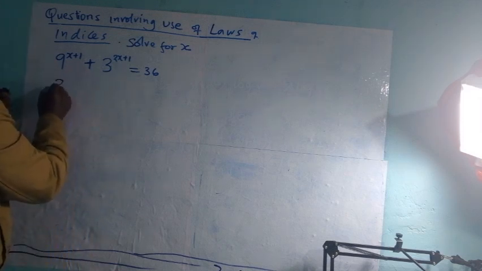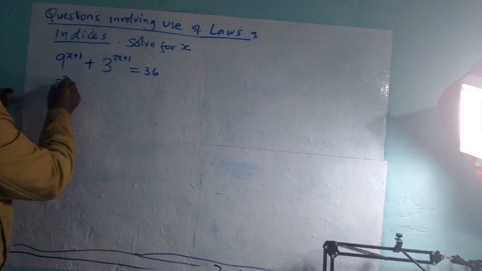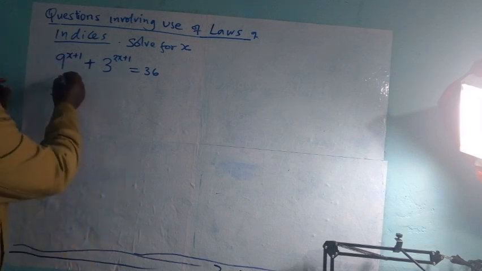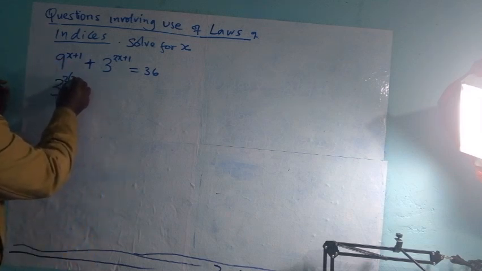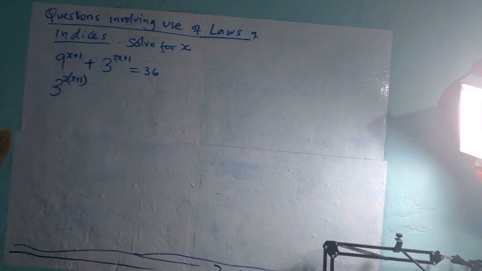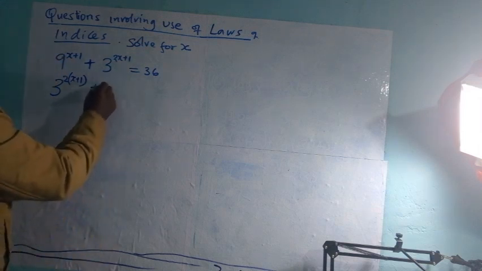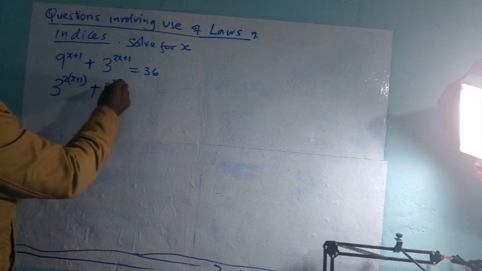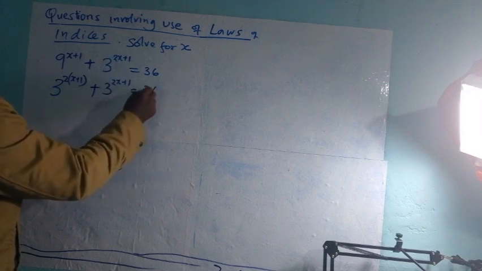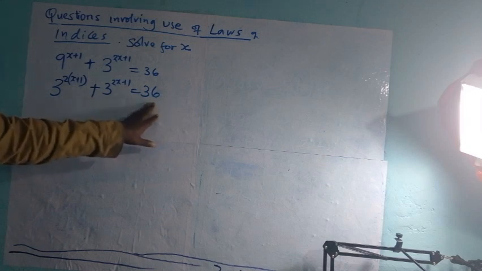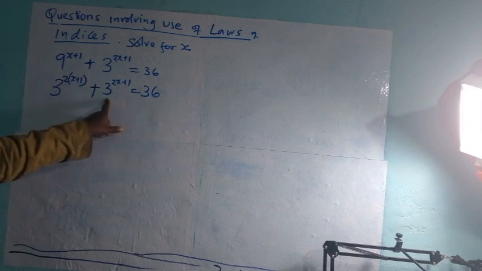This is 3 raised to power 2. 3 raised to power 2 is 9. This is the power, and we have another power. Open the bracket, x plus 1, the power that was there. Then plus 3 to the power 2x plus 1 is equal to 36. 36, you cannot write it into power 3, but I will show you how you can write this.